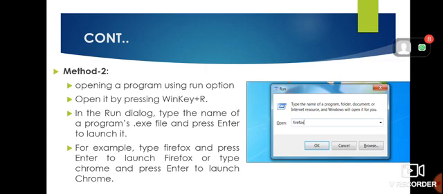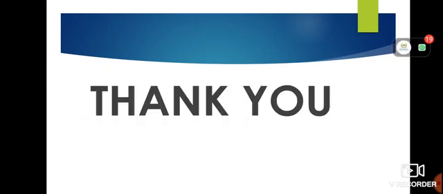If I want to open the Firefox application, I can write Firefox in Open and just press the OK button. After that, we can easily see the Firefox application open on your screen. So this way we can also open an application.